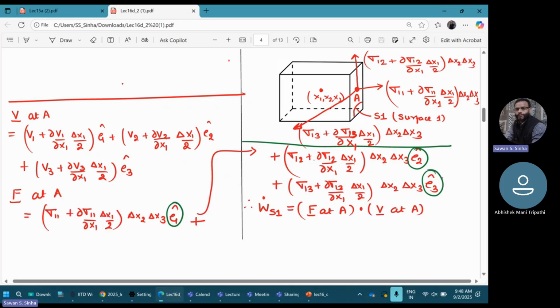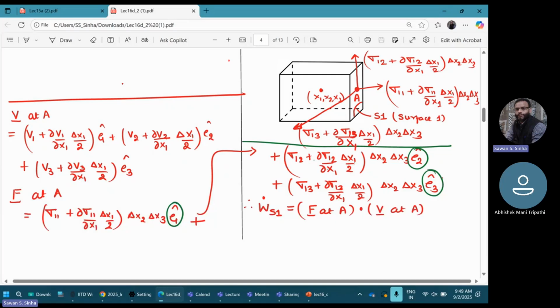Does it look right? All derivatives are with respect to x1. Why? You were asking the question before class. Because A is displaced from my base location only in the E1 direction, and that's why all derivatives are with respect to x1, but derivatives of what depends on the quantity I am chasing.